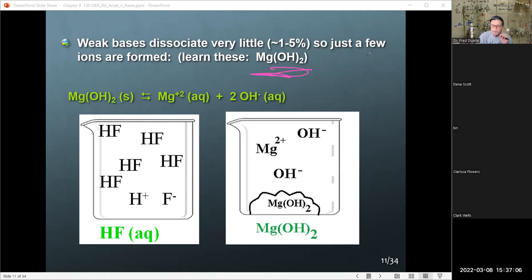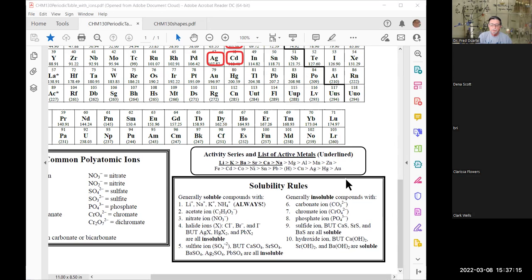Now, magnesium hydroxide. Let's go back to the solubility table real quick. Number 10, right here, the hydroxide ion. When the hydroxide ion is bonded to anything other than what's in number one, lithium, sodium, potassium, and ammonium, you know earlier I said lithium, sodium, potassium are strong bases.